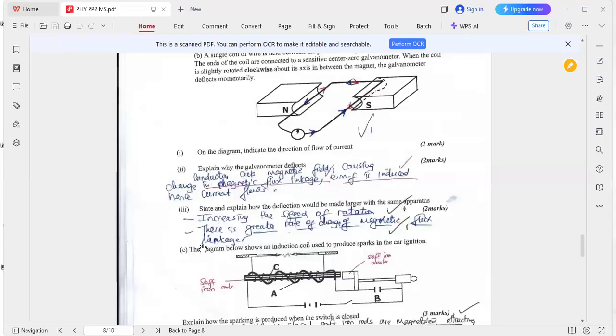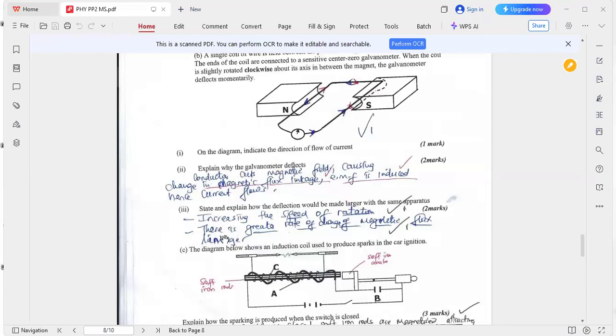Then number 2, we may not increase number of coils, but we can also, explanation. So increasing the rate of change of magnetic flux.